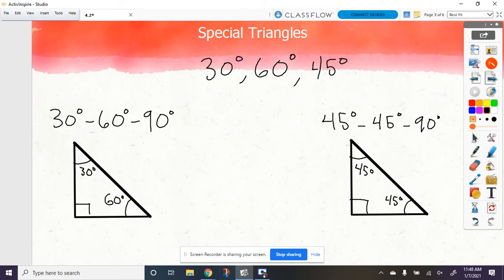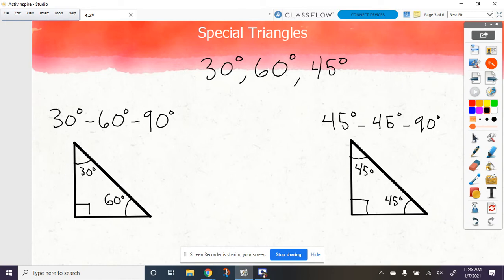Okay, so we also need to know our special triangle formulas for the sides, which we should have learned in geometry. Okay, so remember, the easy one for me to remember is the one with 45s, because if I have 2 angles that are the same, we also have to have 2 sides that are the same.